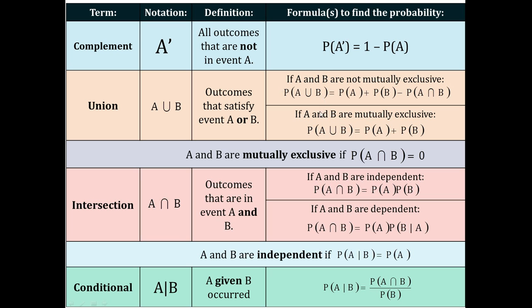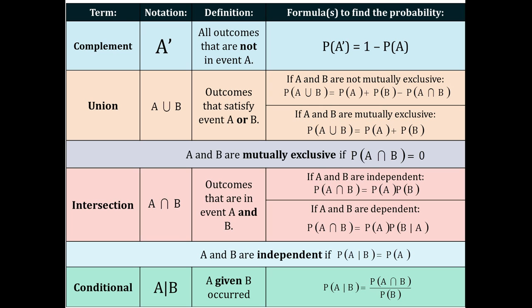Okay, there's two different formulas to solving for that probability, the probability of A or B. And it depends on if those events are mutually exclusive or not. The term mutually exclusive means they have no outcomes in common. There's nothing in the sample space that would fall under both of the events.